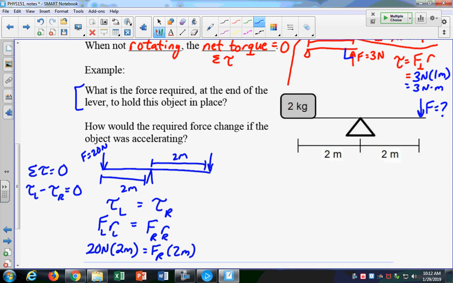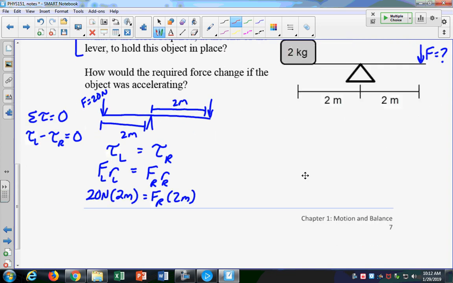You won't do a whole lot, but you'll do about this level of algebra, being able to solve that equation for F. By the way, how would I go about solving it for F? That's right. I divide both sides by 2. That cancels out, and I'm left with F equals 20 newtons.